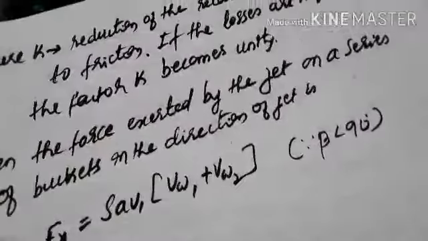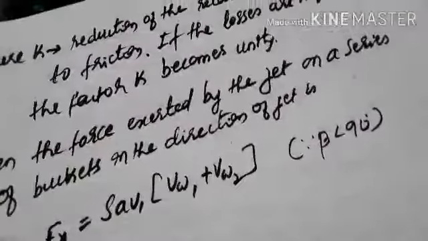I'll come back to this term, u by v equal to 0.5, and how it can be taken into account in calculating the efficiency of the jet. Theoretically, the efficiency of the jet will be maximum, or the Pelton wheel will give the maximum efficiency, when the vane velocity or the bucket velocity is equal to half the jet velocity.